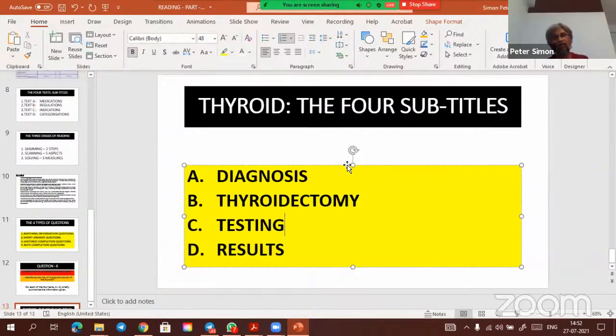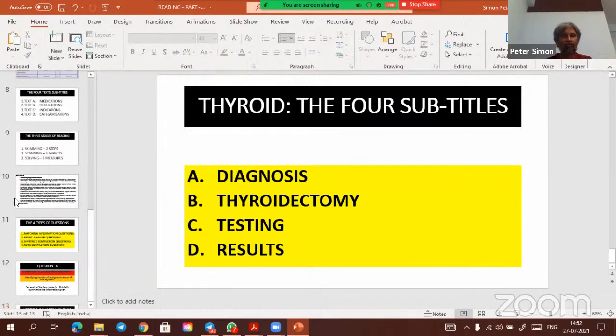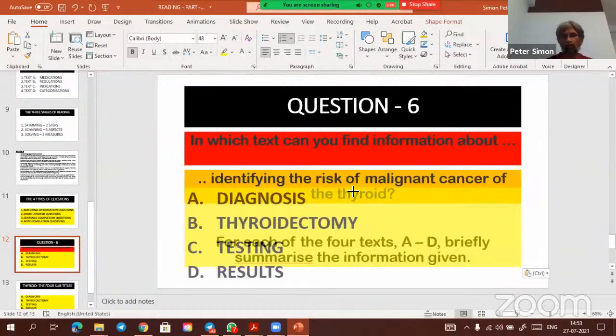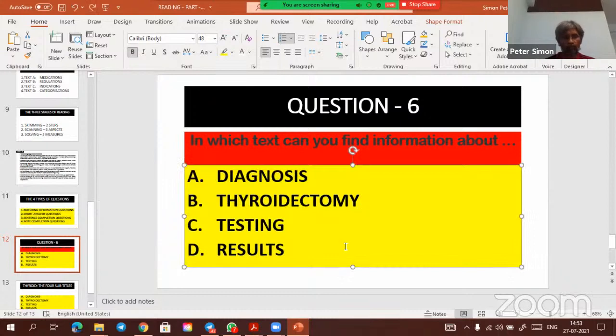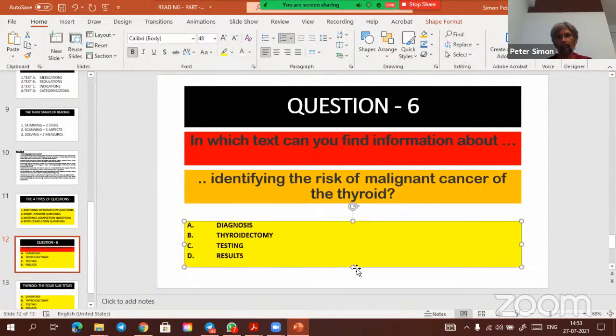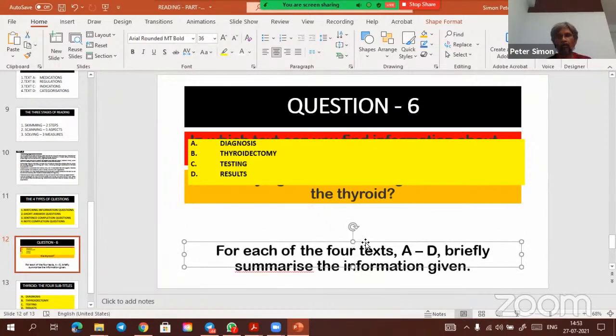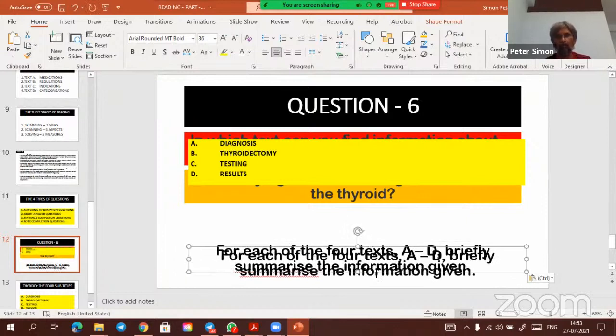Now what I am doing is, I am taking this one and going to the question. This is the question, suppose. So I am posting it here. Now here, 1, 2.